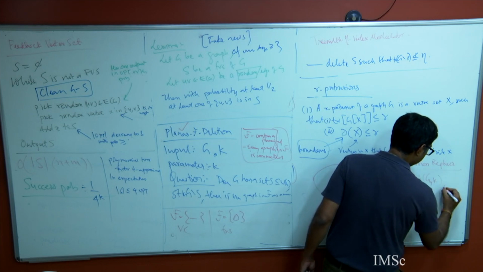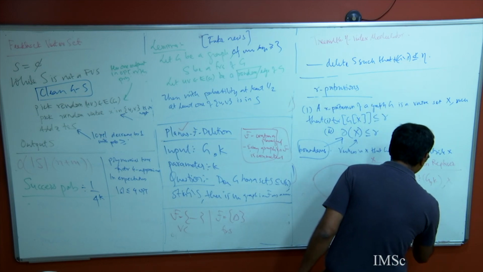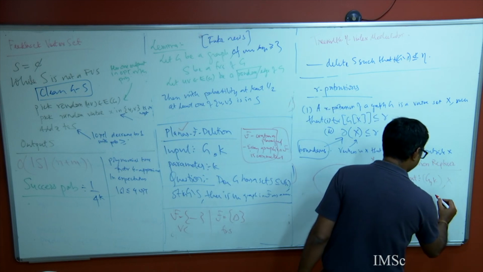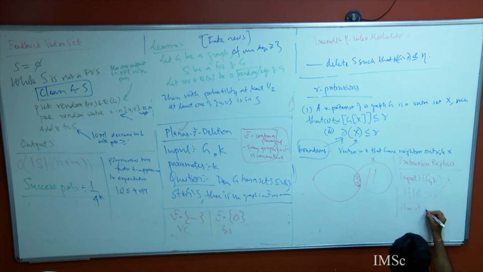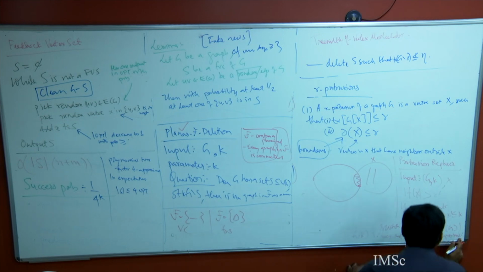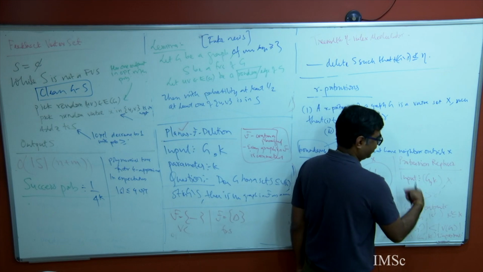It takes G, K and an X. If X has size greater than or equal to R prime, then it outputs G prime, K prime, with K prime less than or equal to K, such that first of all the vertex set of G prime is strictly smaller than the vertex set of G, and G, K is a yes instance if and only if G prime, K prime is a yes instance. Else it just outputs G, K.